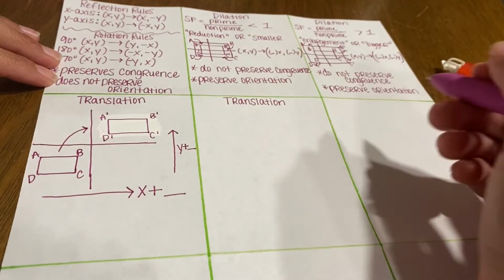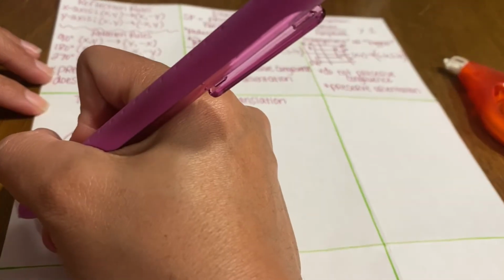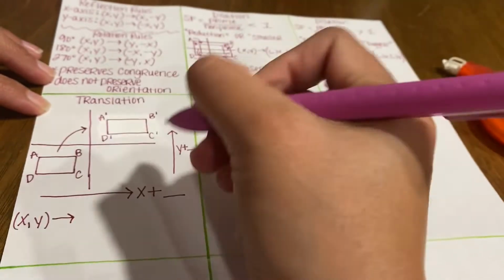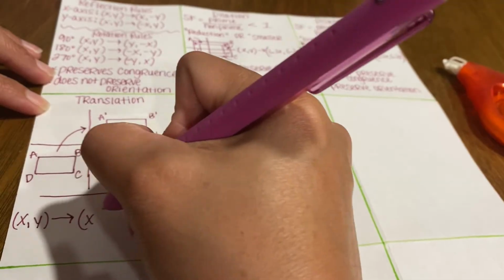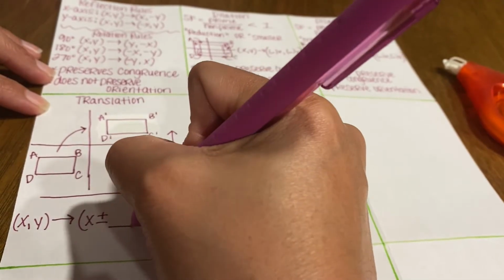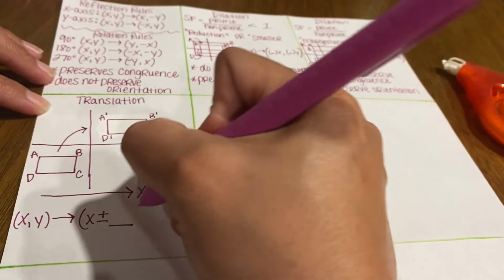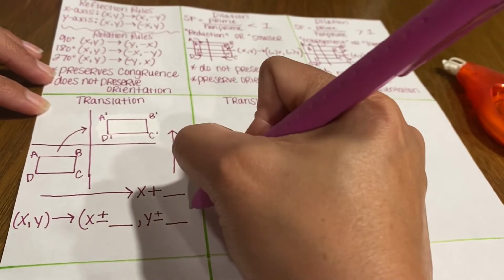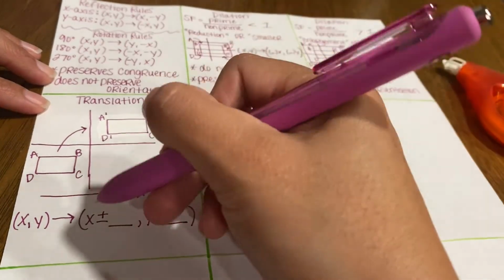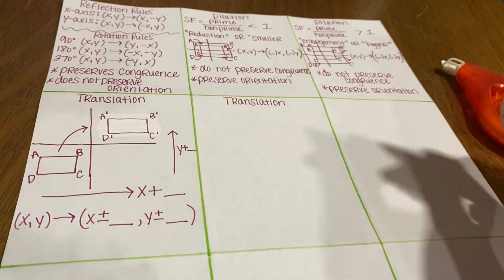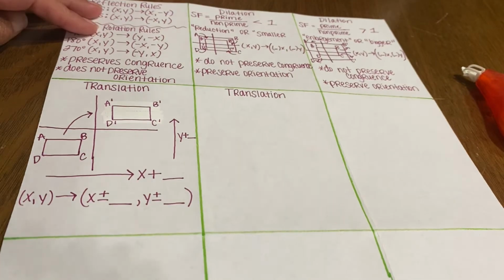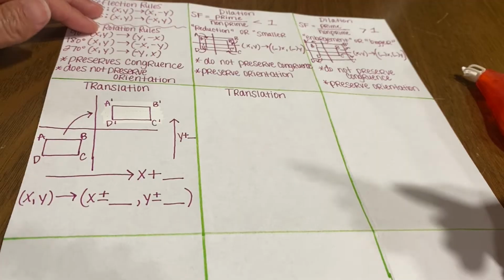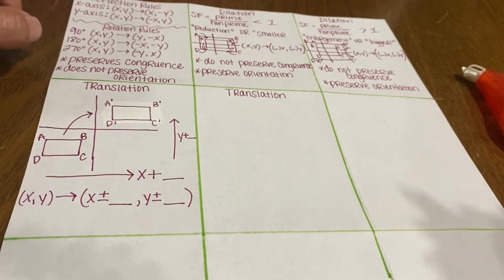Underneath this, I want to write an example of what the rule should look like. So the rule for translation, start with xy goes to x plus or minus a number, so either adding or subtracting, comma, y plus or minus a number. And I'm going to leave that blank so we can fill in the blanks depending on what our STAAR test gives us. In the next box, I'm going to tell myself what the key words mean in case I have a word problem.